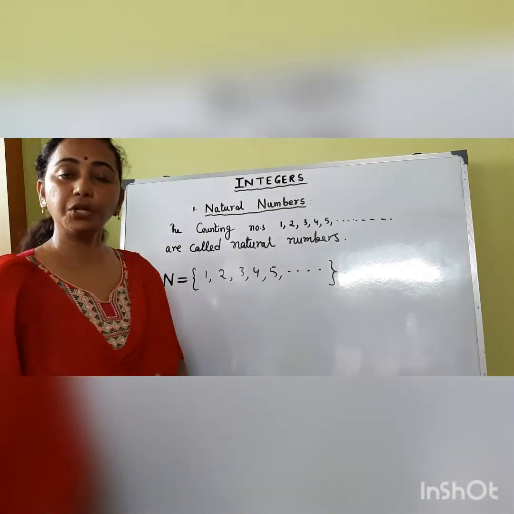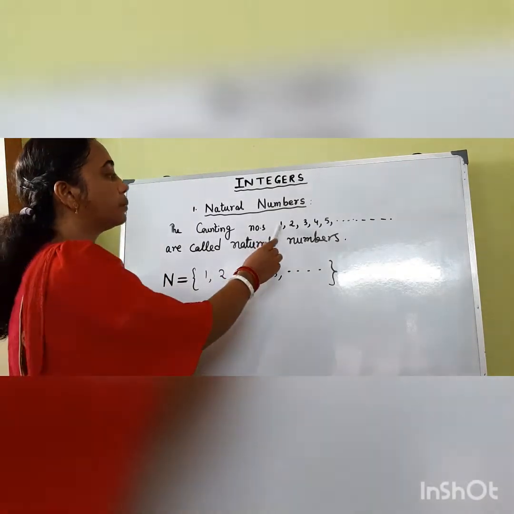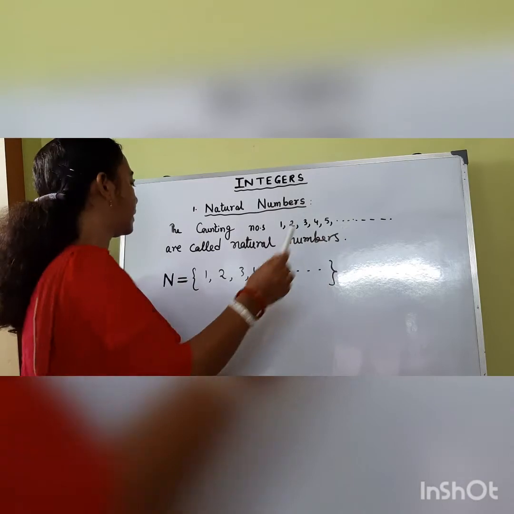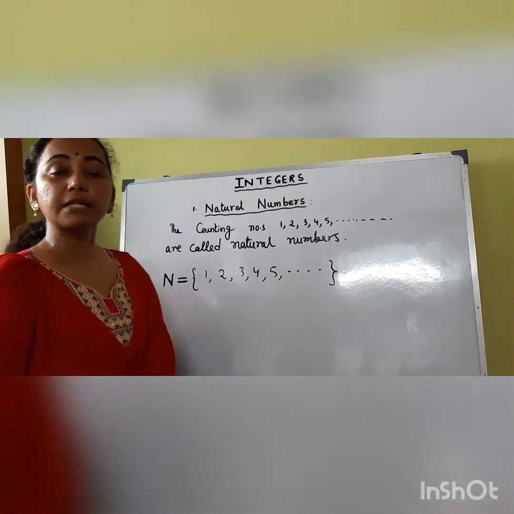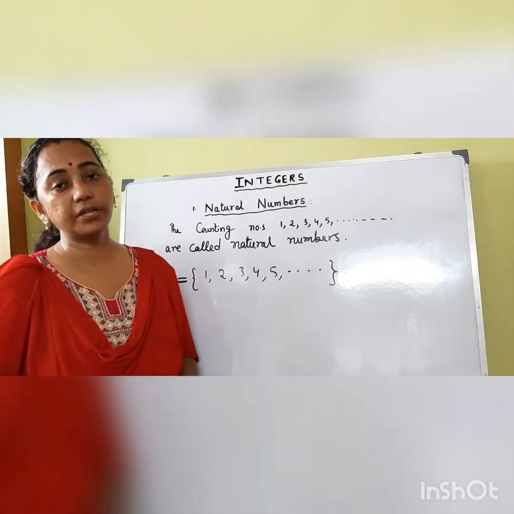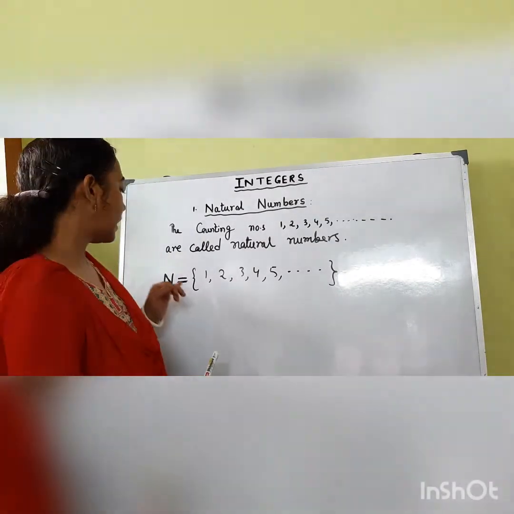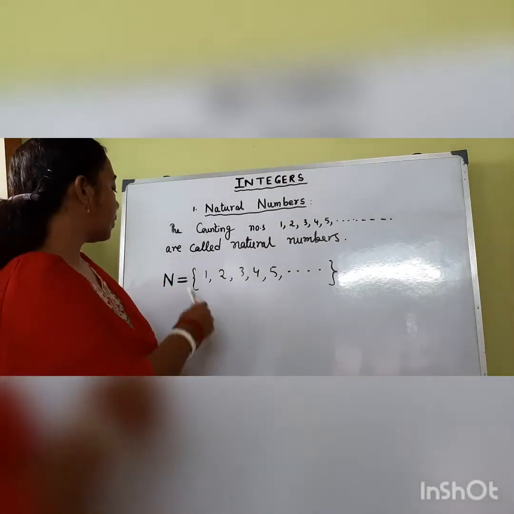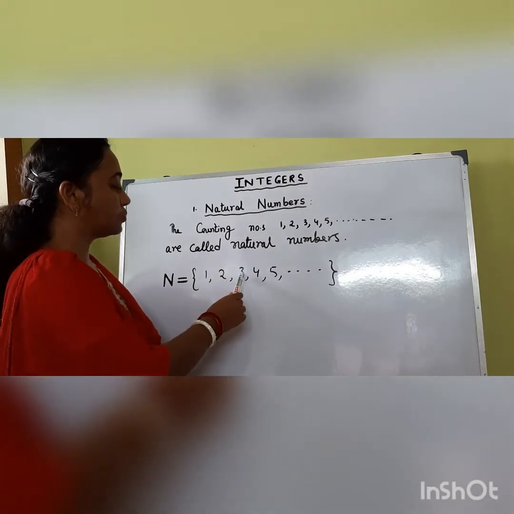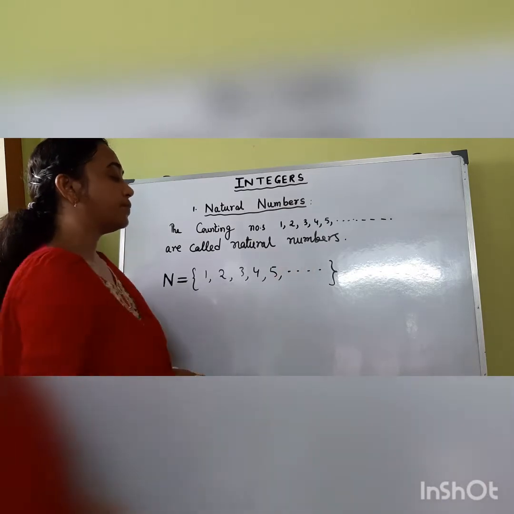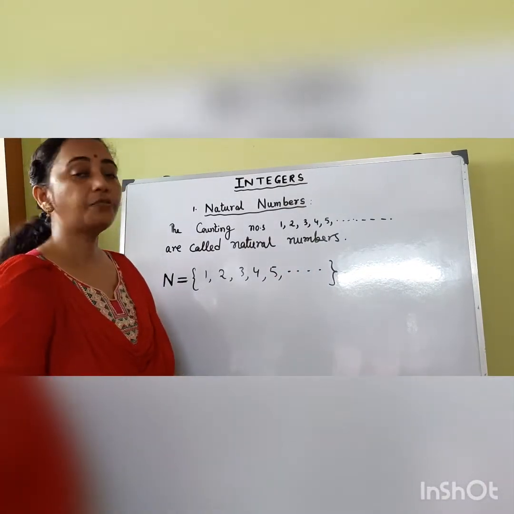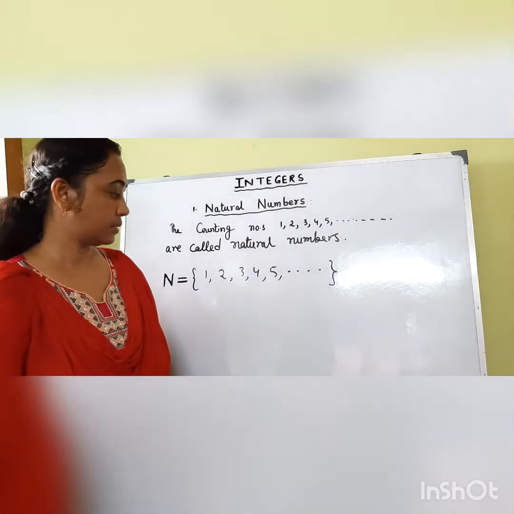Natural numbers. We know that the counting numbers 1, 2, 3, 4, 5 and so on are called natural numbers. The set of all natural numbers is generally denoted by the capital letter N. So N is equal to 1, 2, 3, 4, 5 and so on. The dots show that there are infinitely many natural numbers.